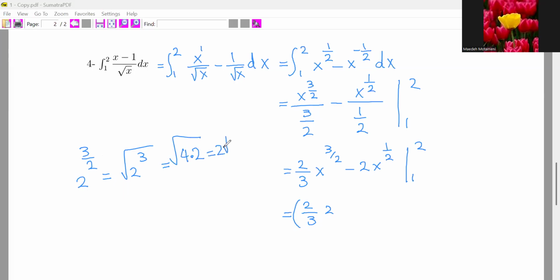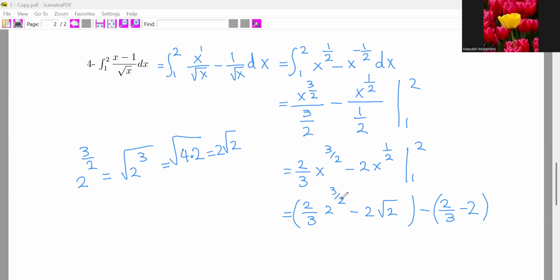It means 2 square root of 2 for this one. So you can keep it as 2 to the power 3 over 2 and then simplify, or you can write it right now and then factor out. So for the next one would be 2 square root of 2 when you plug in 2. Minus when you plug in 1, you get 2 over 3 minus 2 here.